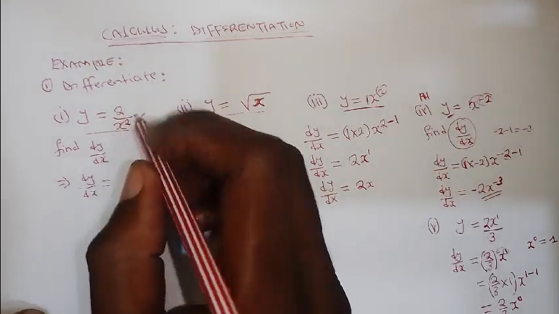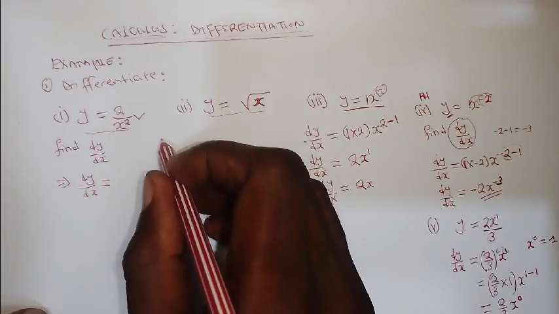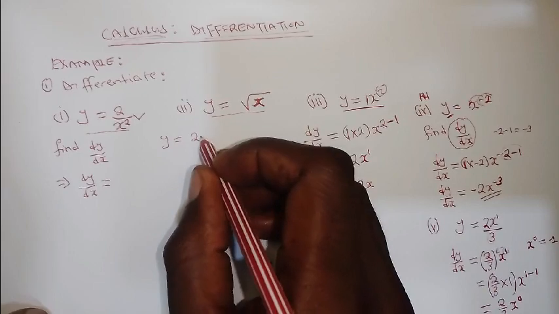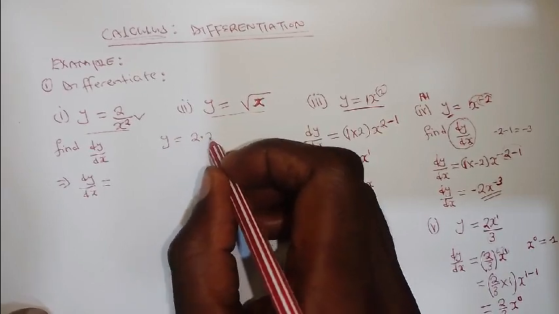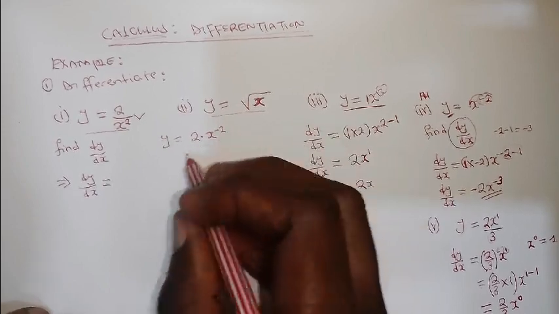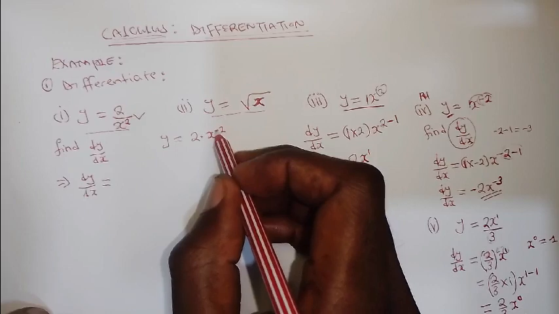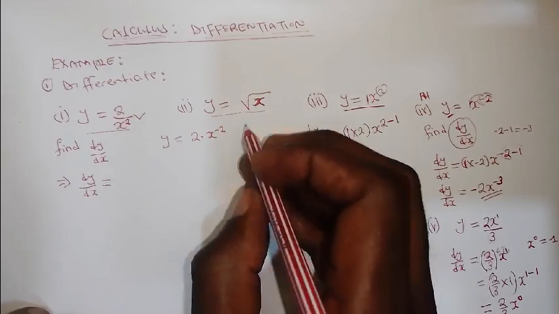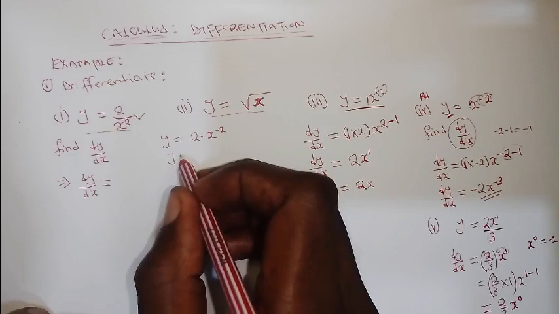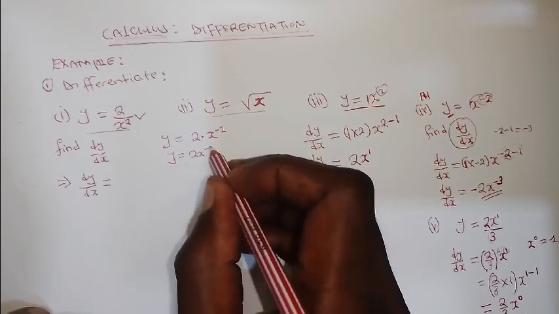But before you do that, you can just simplify. Say y equals 2, and then you bring this x on top. It's going to be x to the power negative 2. Whatever you take on top changes the power sign to negative. So this one will just be 2x to the power negative 2.